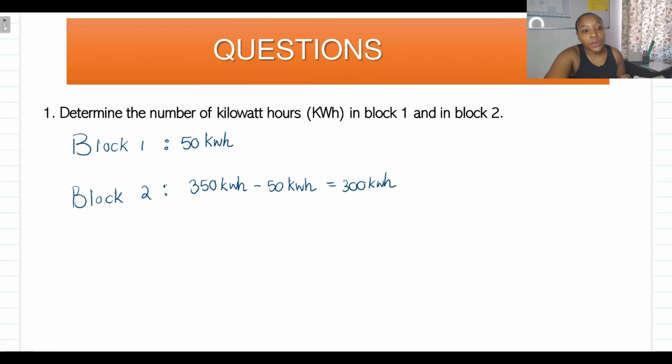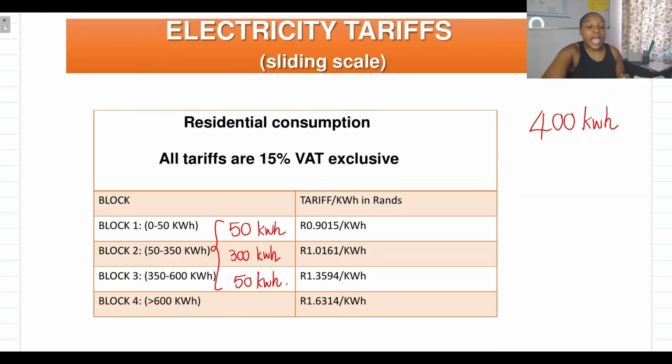So just a quick recap of what we did, guys. I went through the approach that when you're dealing with electricity tariffs using the sliding scale, you basically use the same approach that we used when we were working with our water tariffs. You always need to take into account how many units of electricity you have used when you are calculating the units in each block.